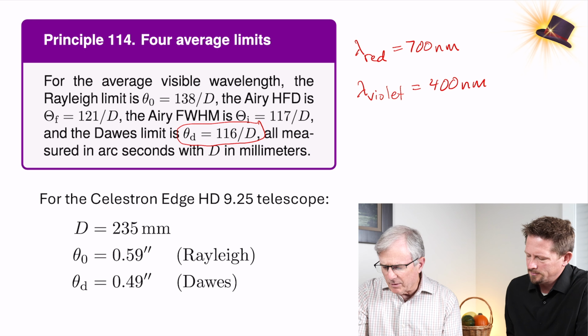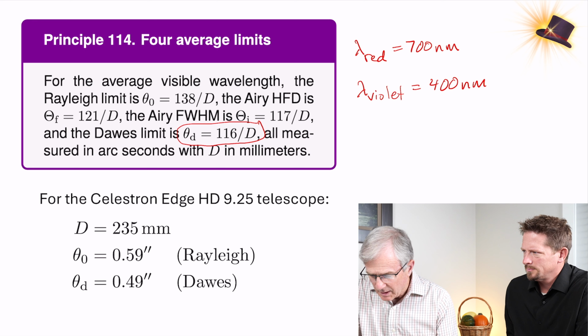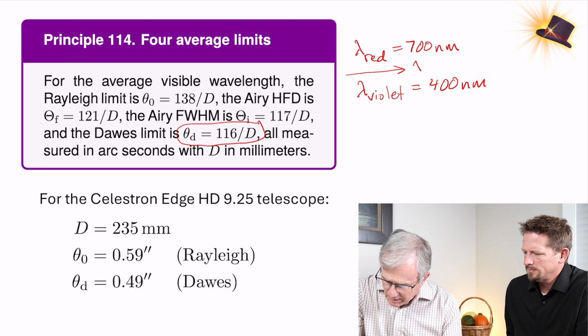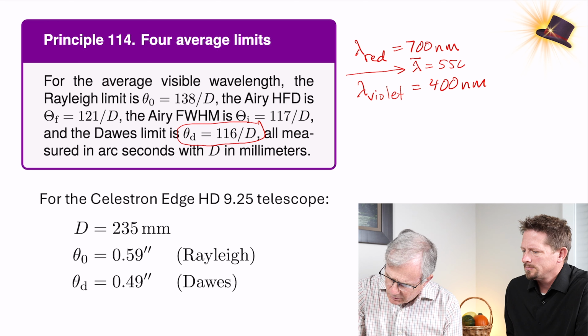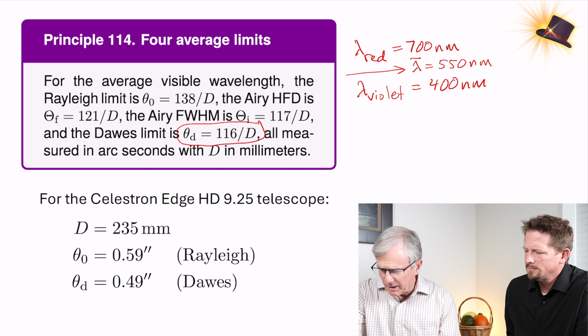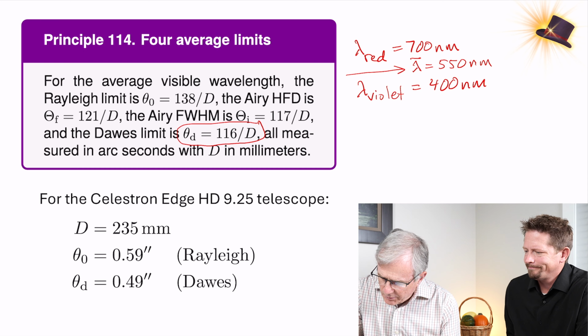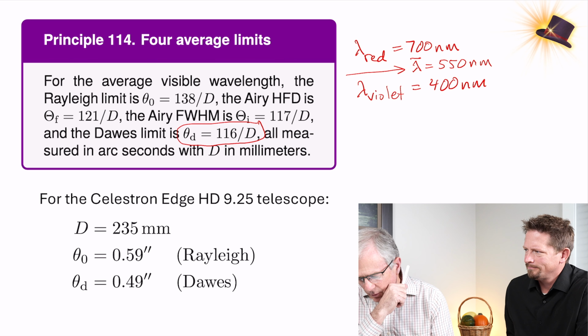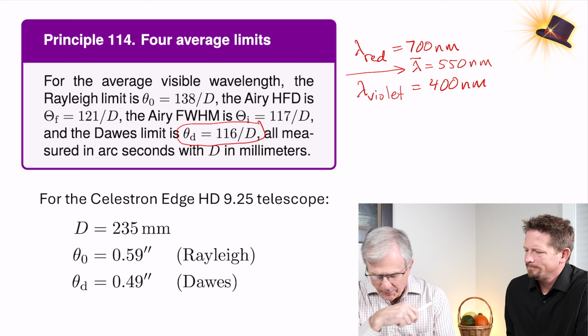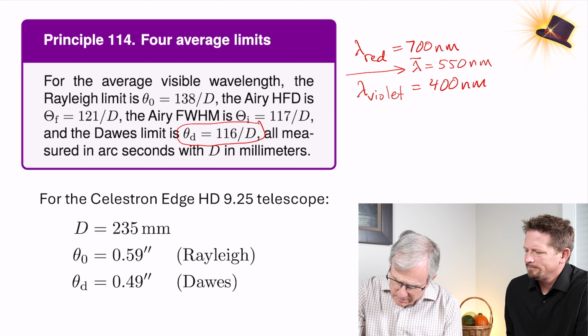So the difference between 700 and 400 is 300, obviously. Right in between these is the average visible wavelength, which is 550 nanometers. You can double check that by adding 150 to 400, which gives you 550, adding 150 to 550 to get 700. So if you evaluate those equations that we had before for the Rayleigh and the full width at half max, you get these.